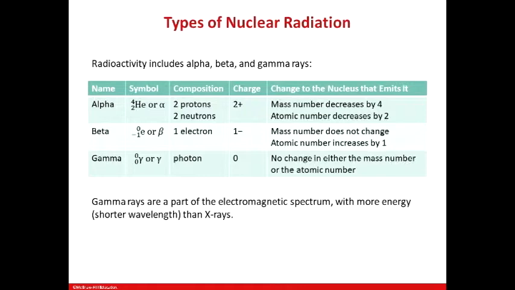You will want to know the charge of each of these. Beta, shown here, is an electron, so it's charge minus 1. Then gamma, no charge. It's a photon.